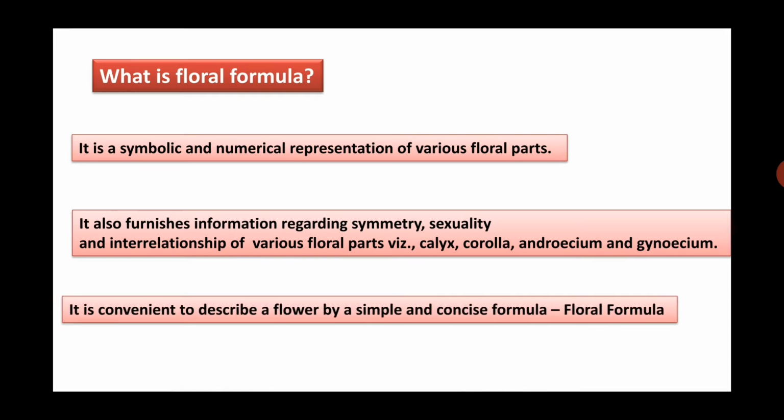It is convenient to describe a flower by a simple and concise formula. So for our convenience, we describe the flower in a concise, that means short way, by giving the floral formula.